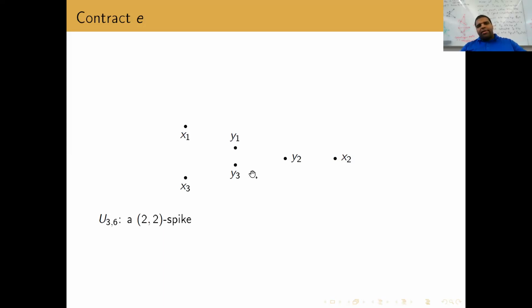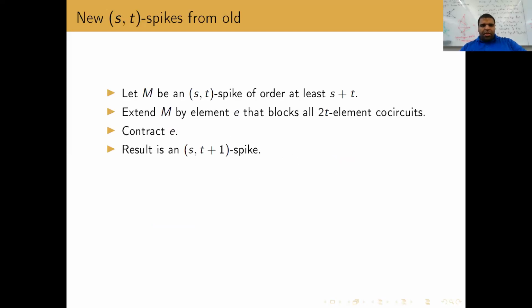So I've increased the T value by 1 from a 2-1 spike to a 2-2 spike. And so this is kind of a silly or trivial 2-2 spike because we could change the pairs around, but it still qualifies as a 2-2 spike. So the result here is an S, T plus 1 spike.